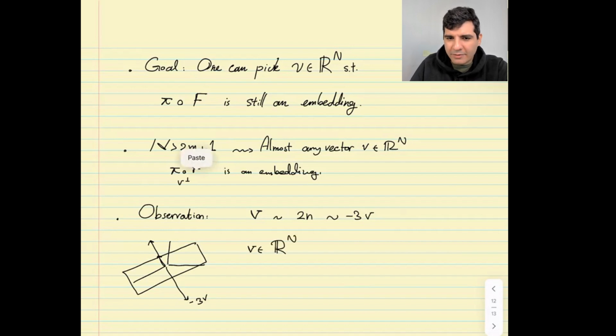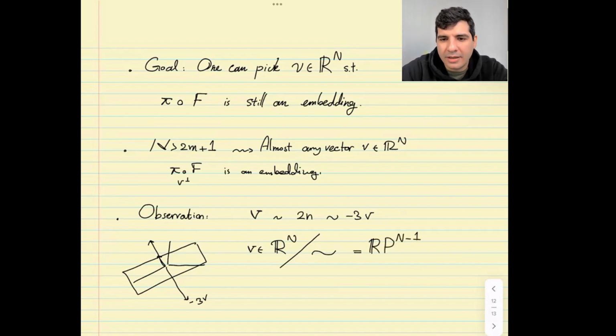So it's like we're picking a vector in Rn, but modulo some equivalence relation, where v is the same as a non-zero real number c times v. Rn modulo this equivalence relation is denoted by RP^(n-1). This is an n minus 1 dimensional manifold.